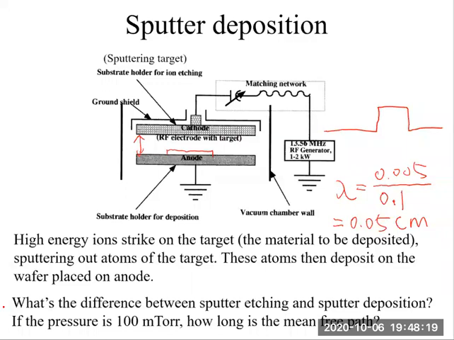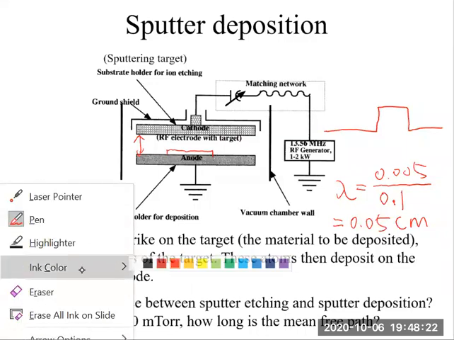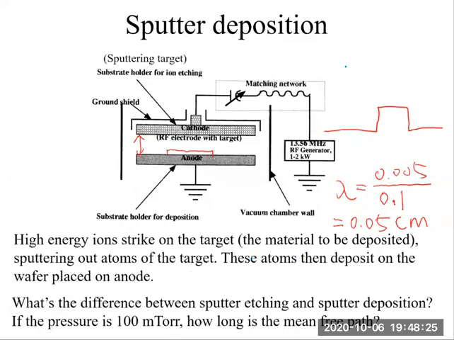Then the atoms, for example aluminum atoms, will arrive from different angles, randomly. So sputtering has a much better step coverage. It's not line of sight deposition. Compared to thermal evaporation, it has a better step coverage. Questions?